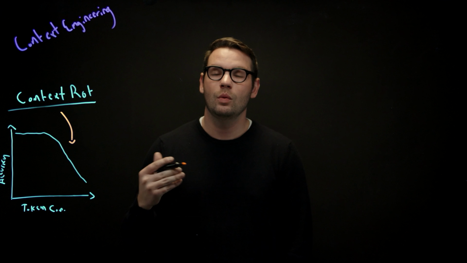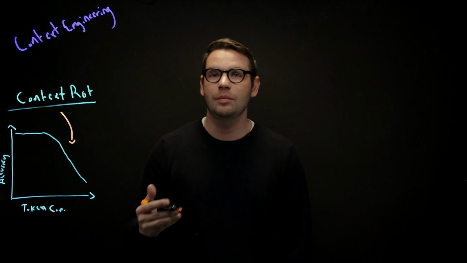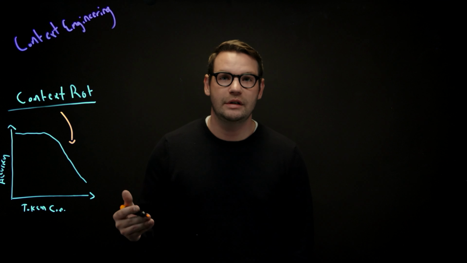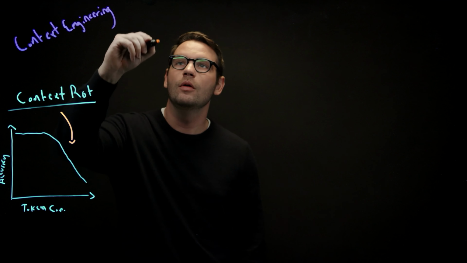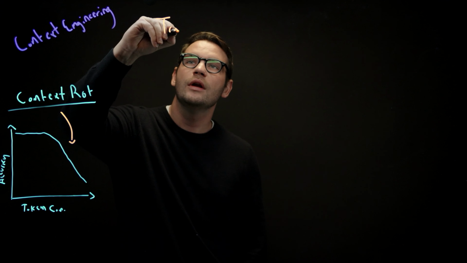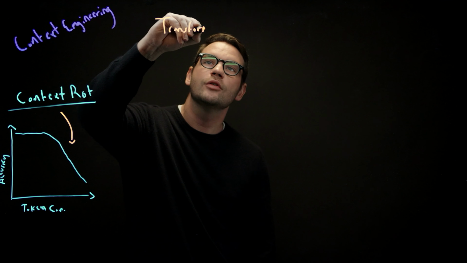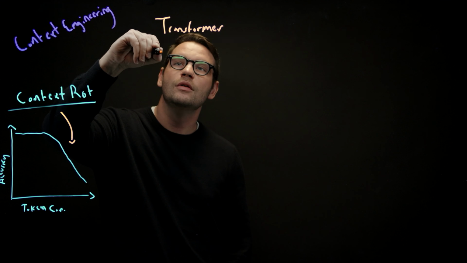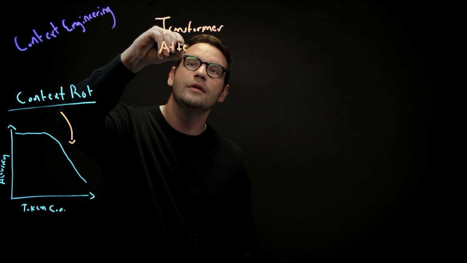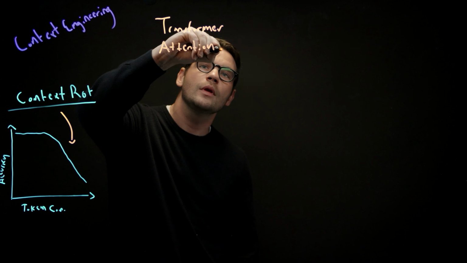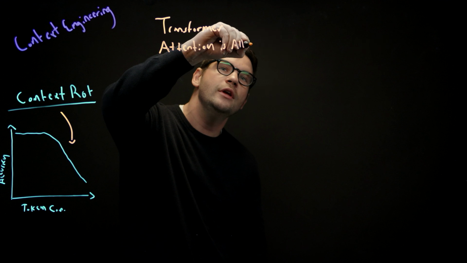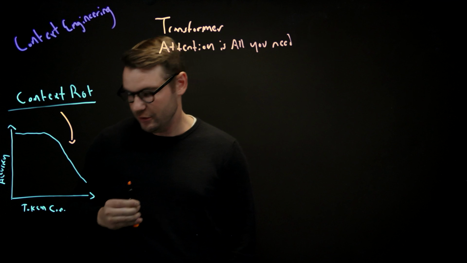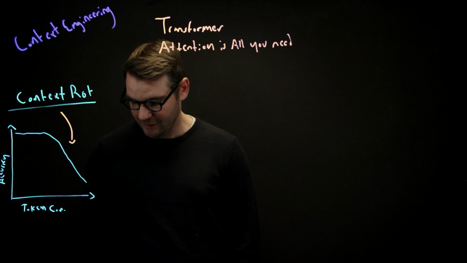Now, why does context rot happen? Well, it happens because of the very way that large language models are architected. They're based on something called the transformer architecture, which was invented in the very groundbreaking paper, Attention is All You Need, which was put out by Google and my alma mater, U of T, but I certainly wasn't close to it.